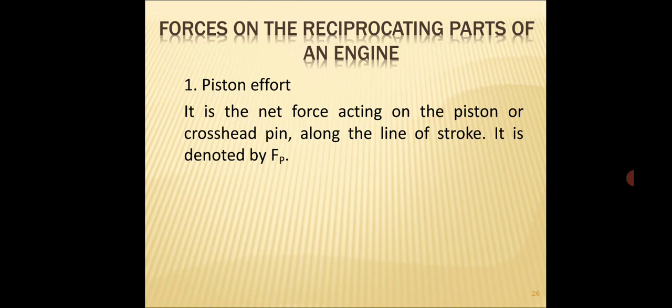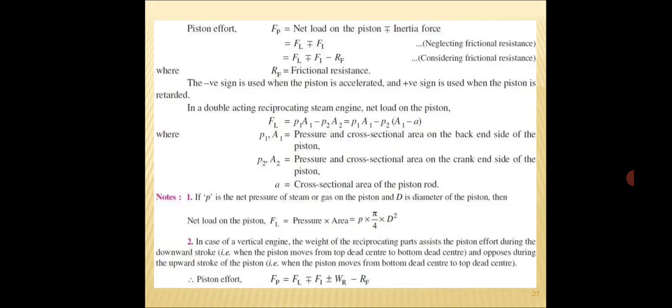The next is the piston effort. What is the effort acting on the piston? It is the net force acting on the piston or crosshead pin along the line of stroke. It is denoted by Fp. So here we have to note the piston effort formula.